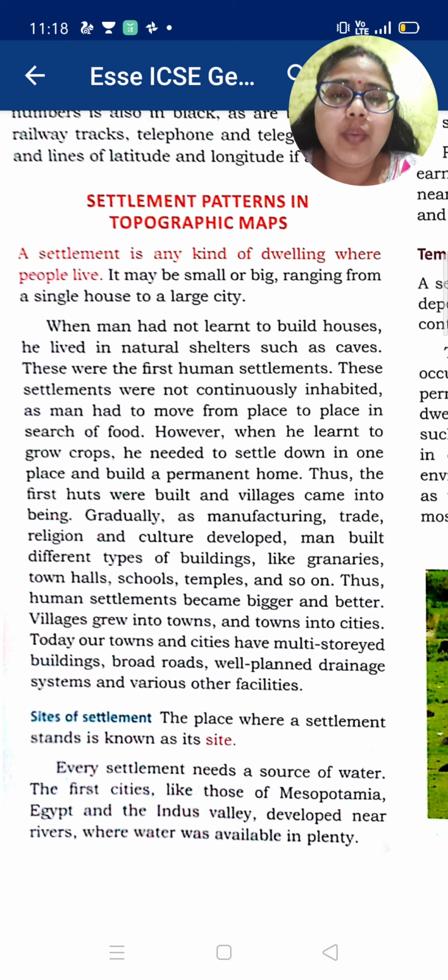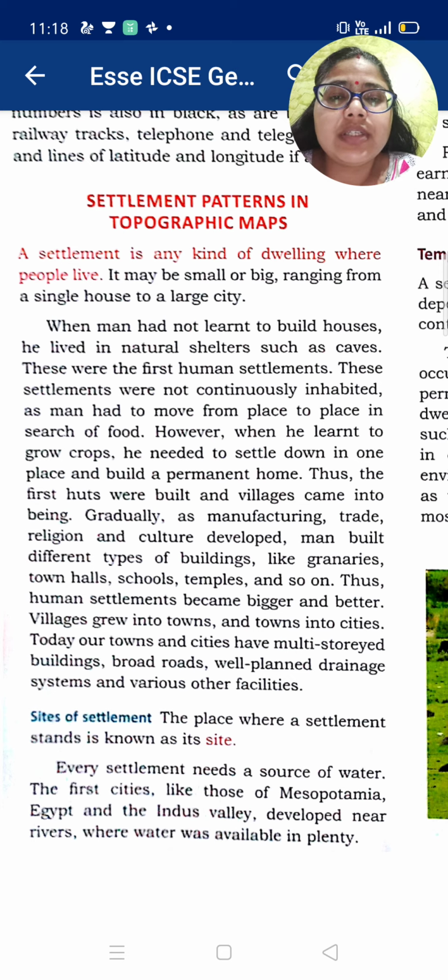However, when he learned to grow crops, he needed to settle down in one place and build a permanent home. So, when human beings started agriculture, they had to live a settled life. And this is how they started to build permanent homes.